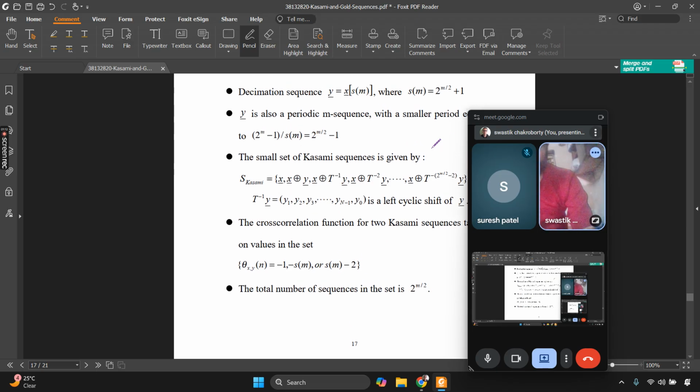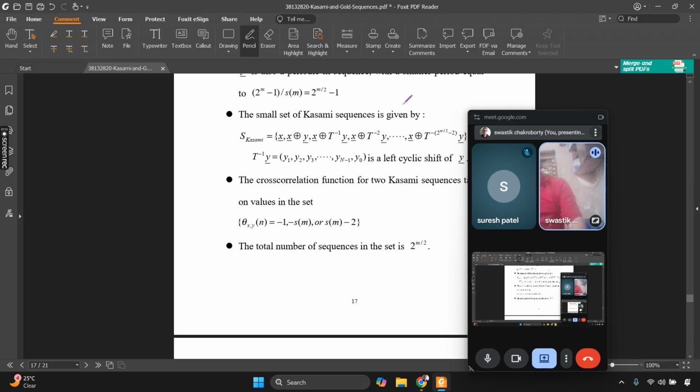And you will do decimation by how much? You will do decimation by 2 to the power m by 2 plus 1. So you decimate such that the length is 2 to the power m by 2 plus 1. Okay.